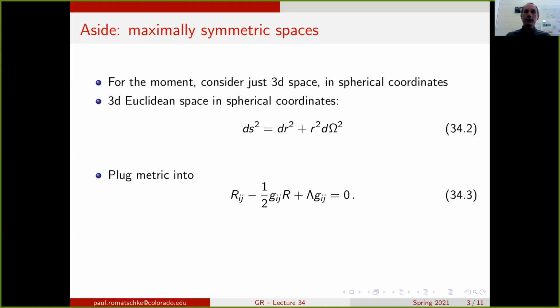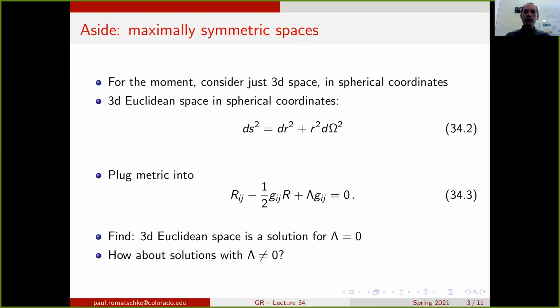If you plug in the Euclidean metric in spherical coordinates, we find that it is a solution of the Einstein equations if the cosmological constant is exactly 0.